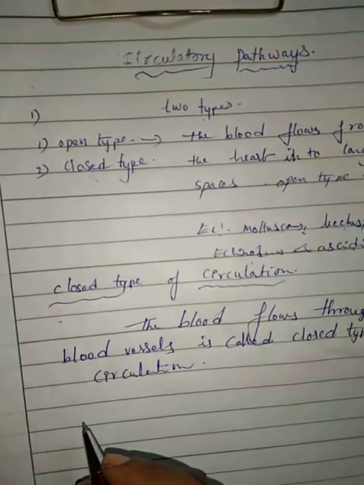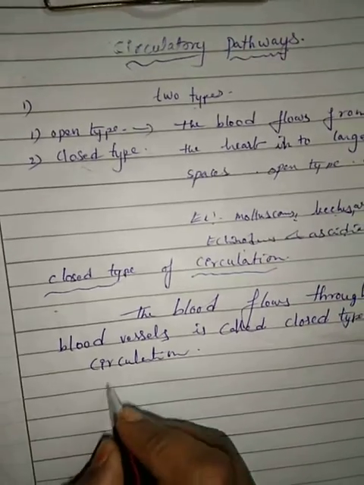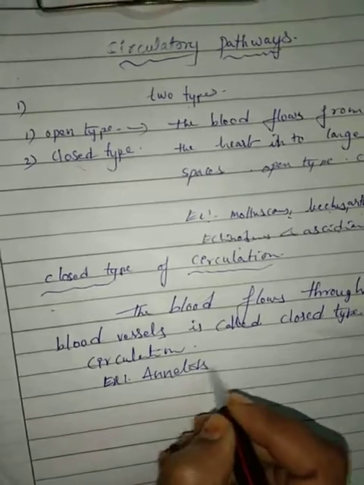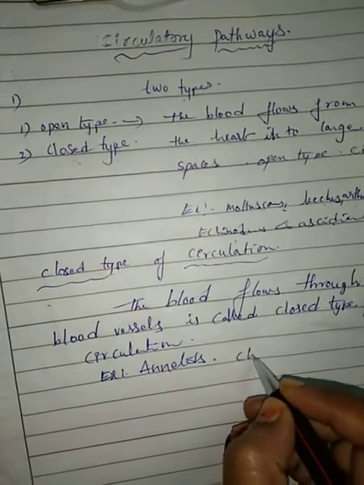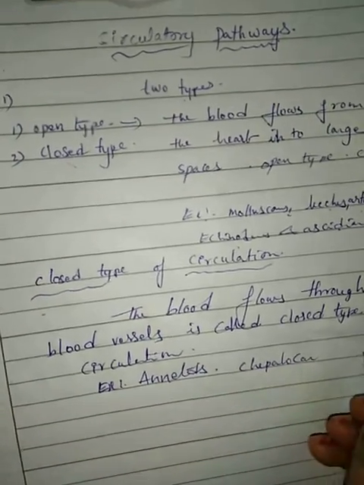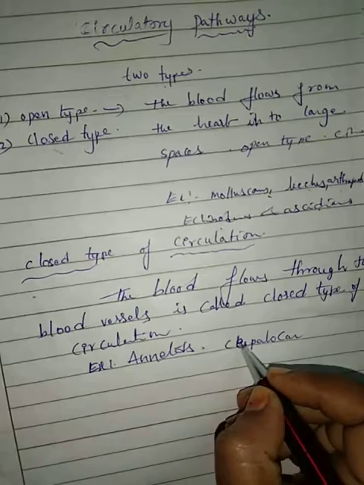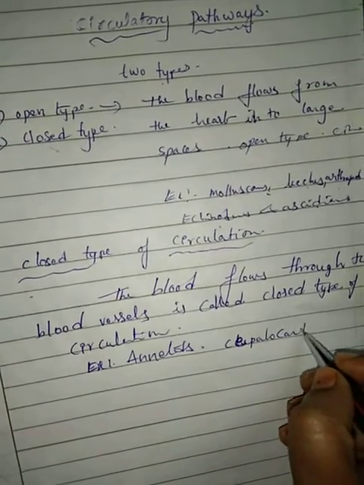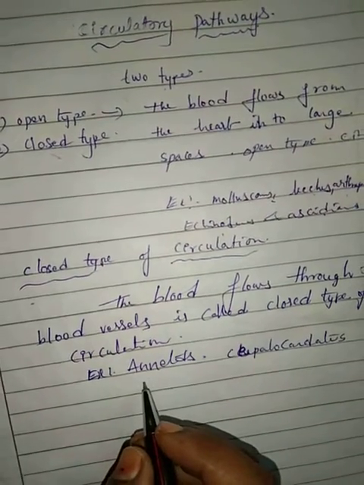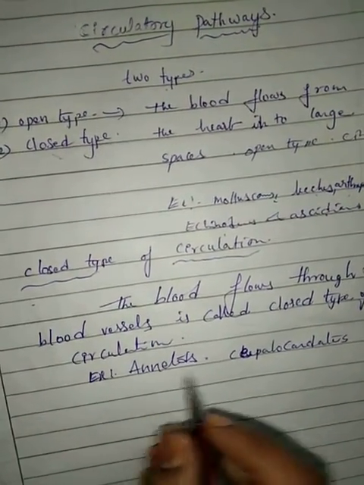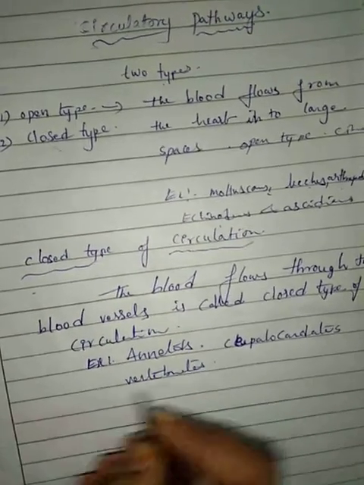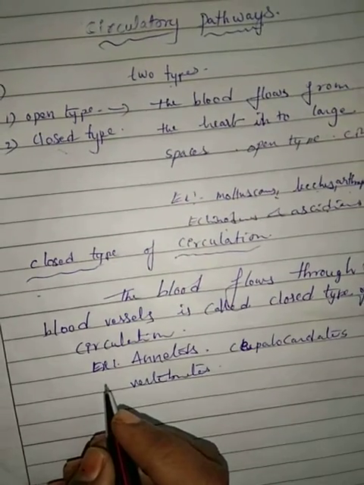Closed type of circulation. Examples: annelids, cephalochordates, and vertebrates.